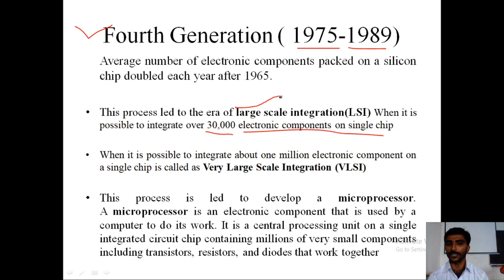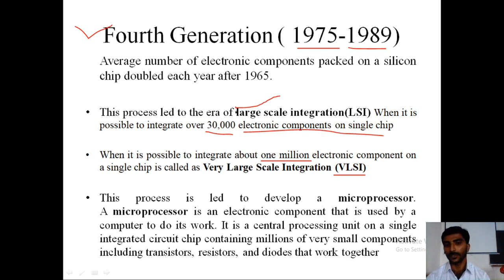Large scale integration in the fourth generation made computers faster. After that, when it became possible to integrate about 1 million electronic components in one single chip, that is called very large scale integration, VLSI.